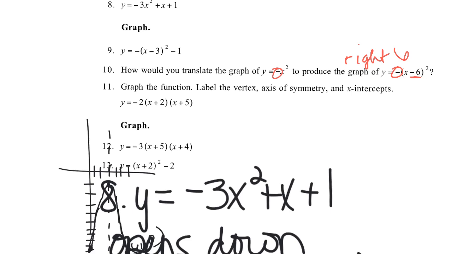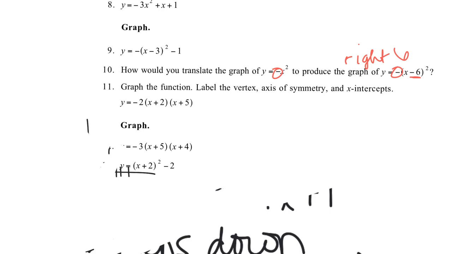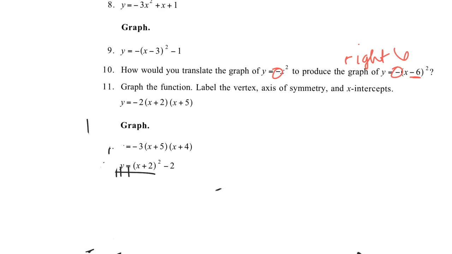Number 11, graph the function. Oops, I don't want to do that. Hold on. Just erase some of my problems. Graph this function. It's in intercept form. So again, let's look at what we can determine from this. We've got negative, that means opens down.